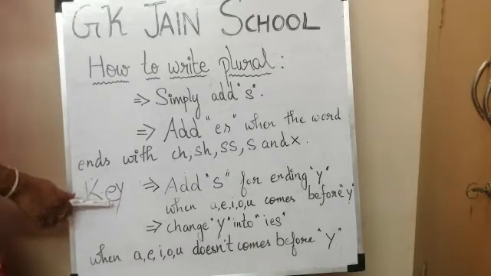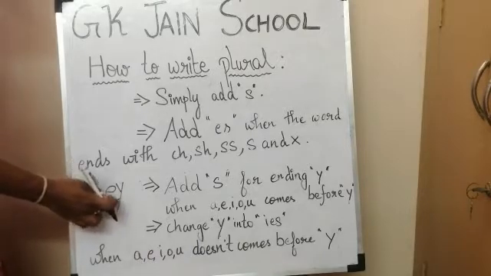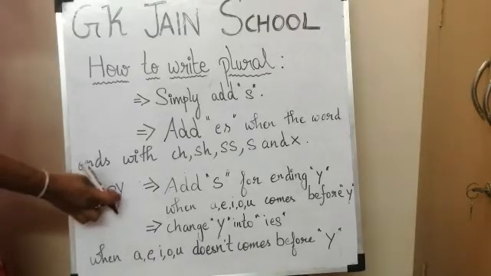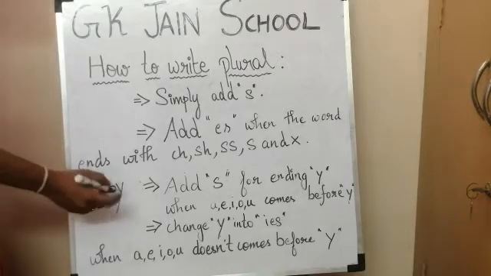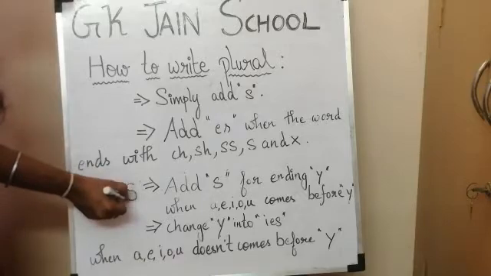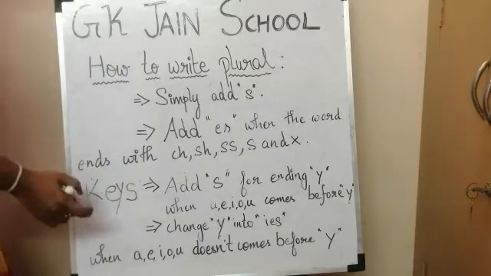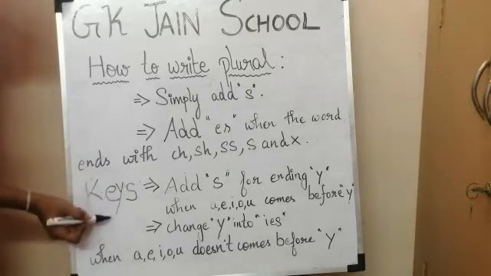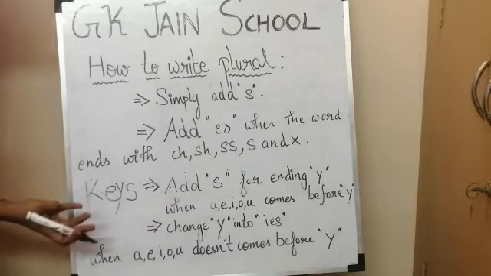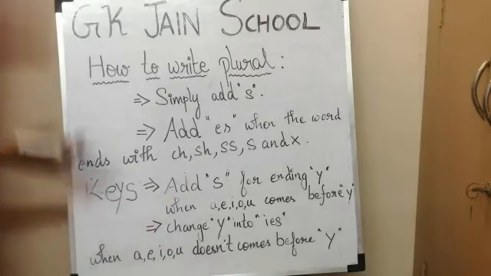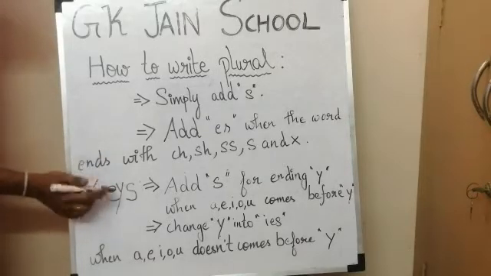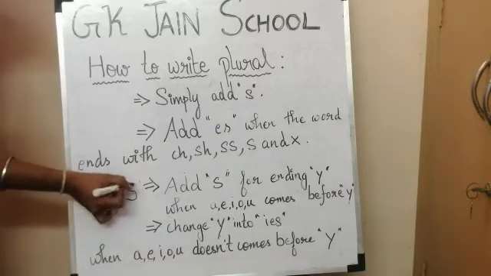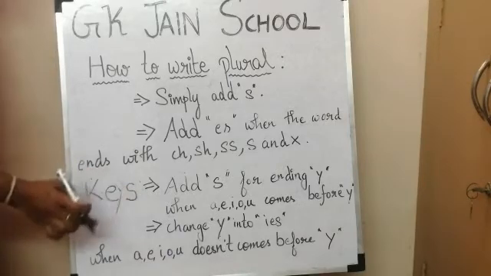So if the word ends like this, you can simply write s at the end of the word. Before y there should be any vowel: A, E, I, O, U. If there is any vowel before y, you can simply add s.